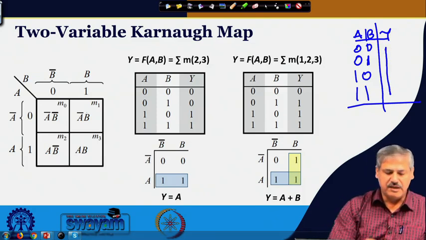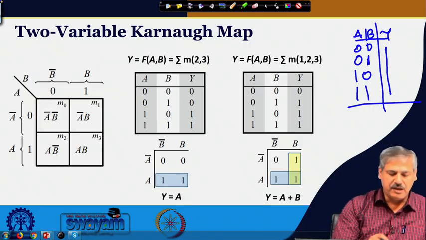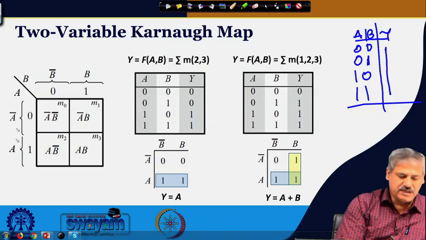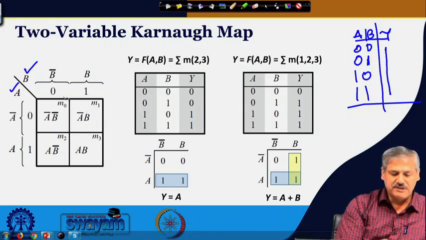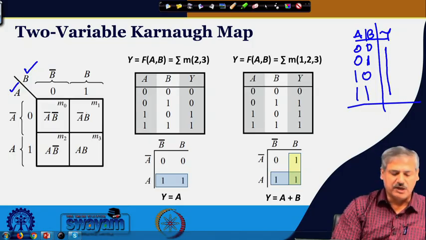Okay. So, in the Karnaugh map based representation for a two variable case, we have a rectangular space like this, where this side is variable A and this side is variable B. The values represent 0 and 1. This column represents B always remaining 0 and this column represents B always remaining 1.